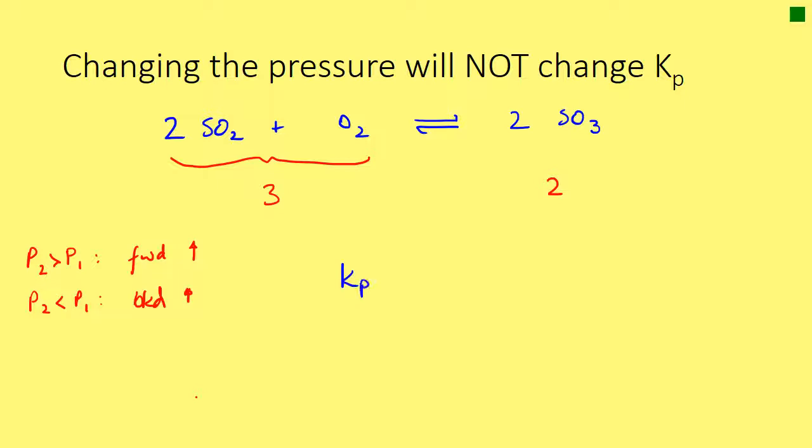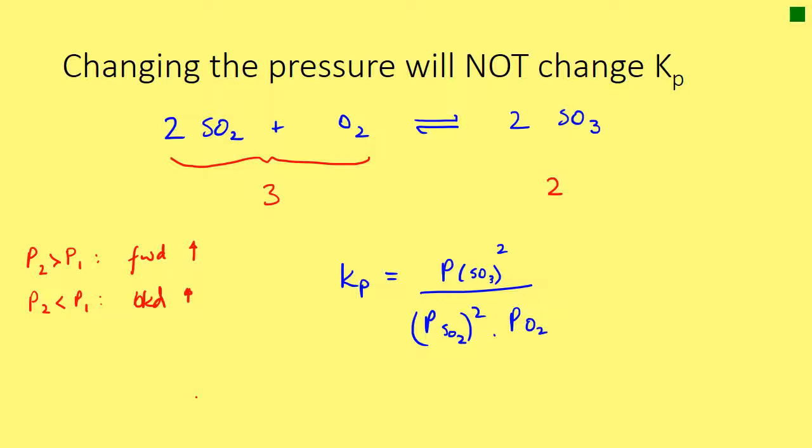So Kp, if we remember, is the partial pressure of our product, all squared, over the partial pressures of our reactants times each other. So that's our expression for Kp.